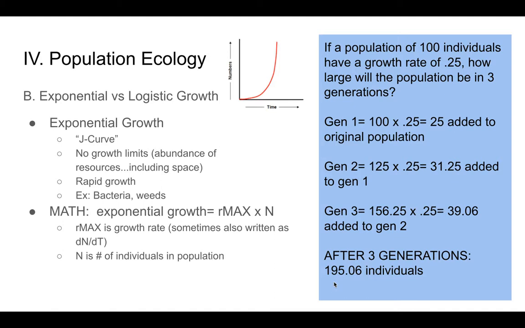Instead, with the exponential growth model, because you're adding those individuals to the population before you do your next generation's value, the number after 3 generations ends up being 195 and not 175. So again, not challenging math, just keep in mind what you're actually calculating here.